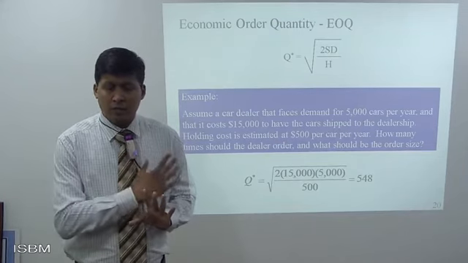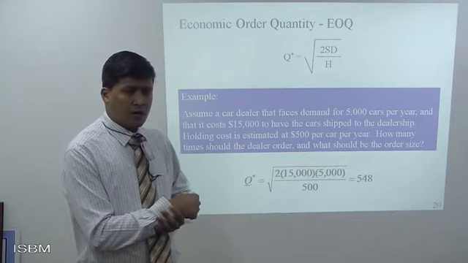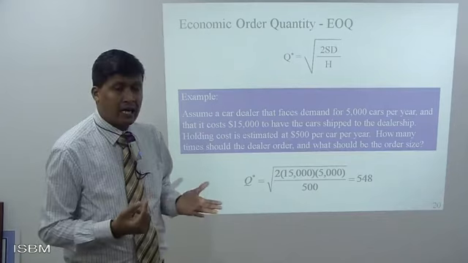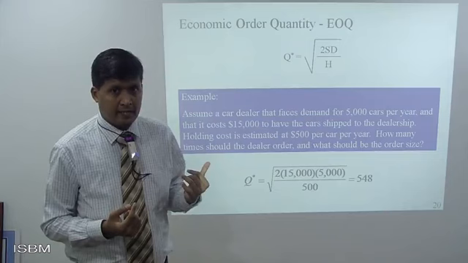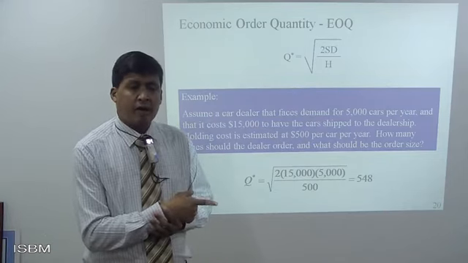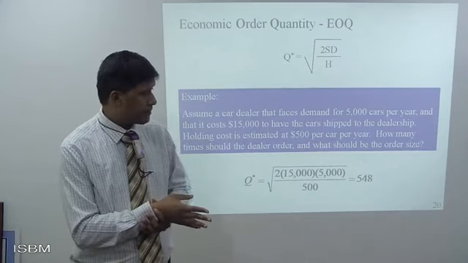That's what, based on his past experience, is the demand. And it costs around $15,000 to have the car shipped to the dealership. That's the cost involved. Holding cost is estimated as $500 per car per year.